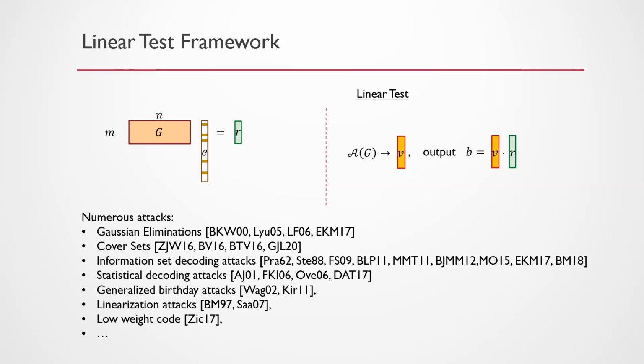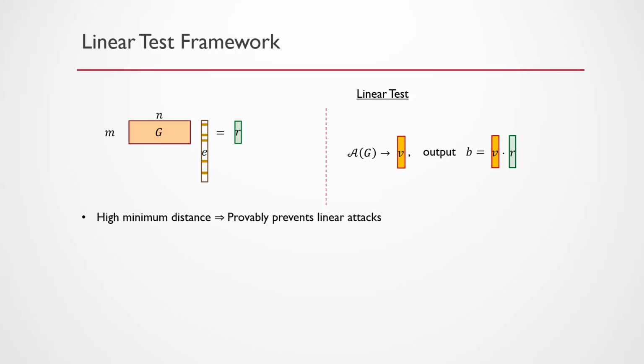Okay, so if what we're concerned with is these linear attacks, then it's actually not so hard to get a strong security guarantee. In particular, if you view G as an error correcting code, as a generating matrix for one, then if that code has high minimum distance, i.e. it's a good code, then you can provably resist these linear attacks.